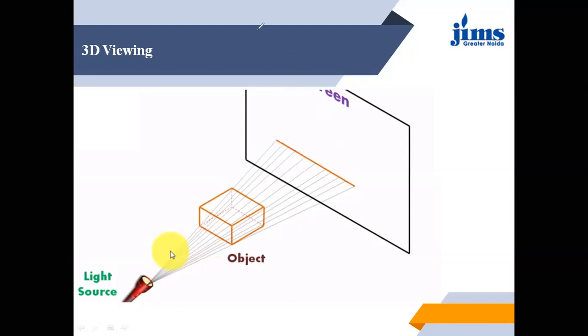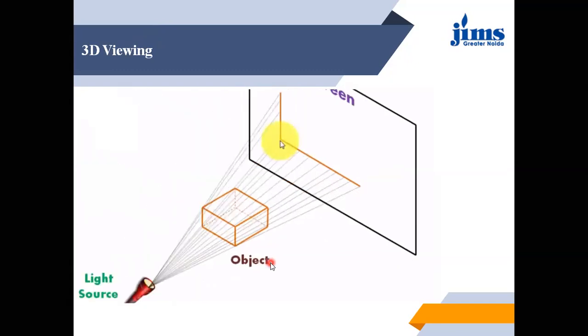Now we will see, when we project the left vertical edge of this object, how the image of this object is going to be represented on the screen. From here you can see this is the line as we saw in the last slide.